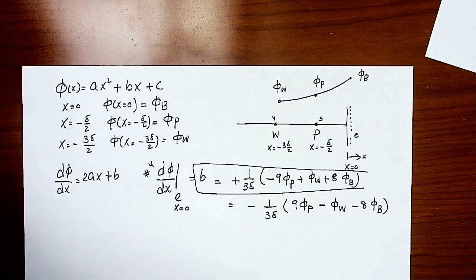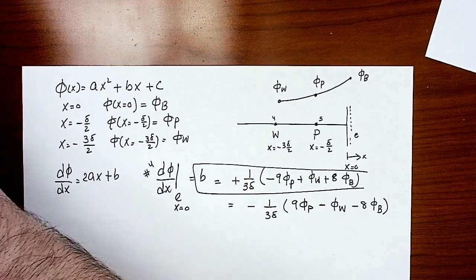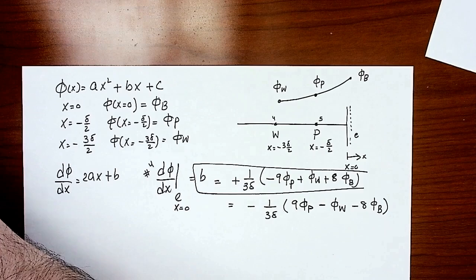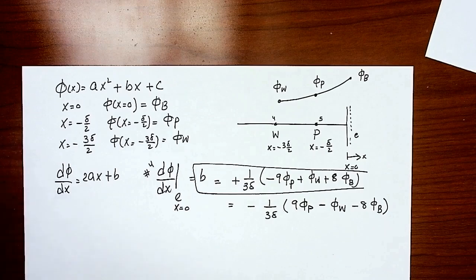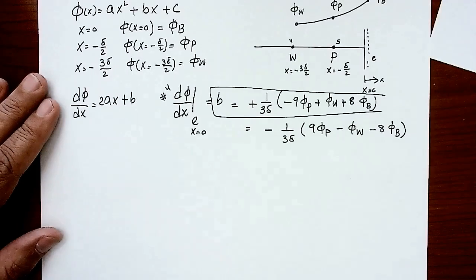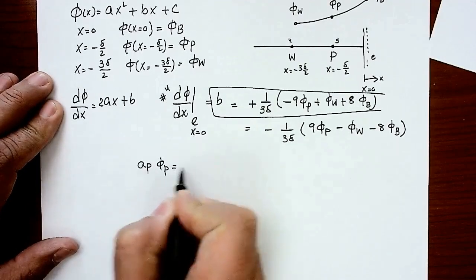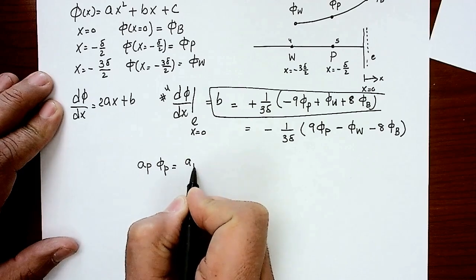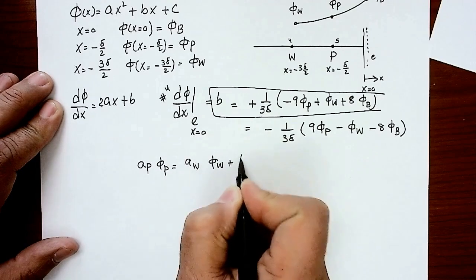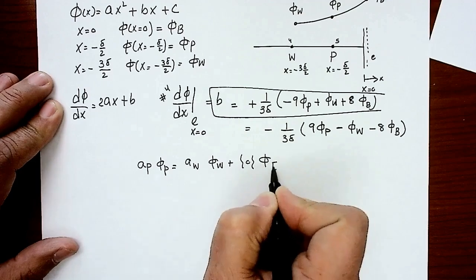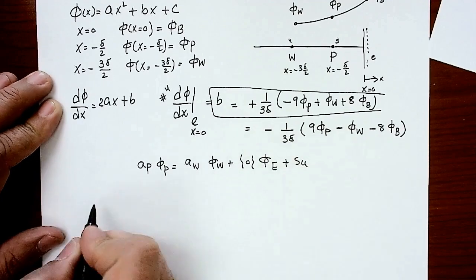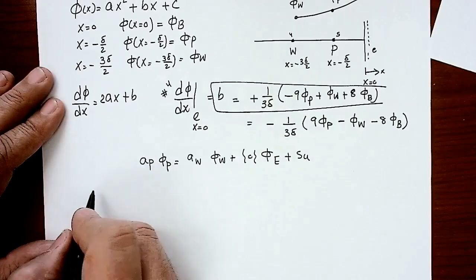You substitute, you will get the following. So I will get the equation in the form of AP phi p equal to A west phi west. I got 0 in the phi east, but I got also SU. What is the following coefficient? Looks like they are as follows.